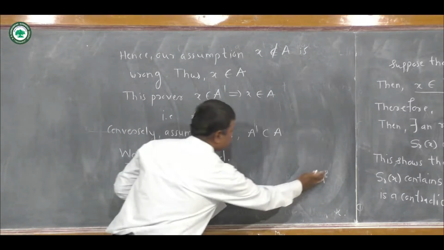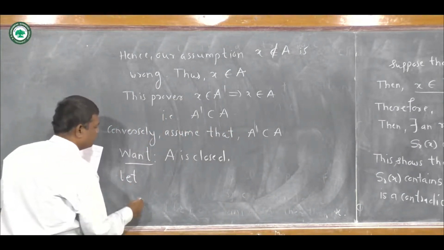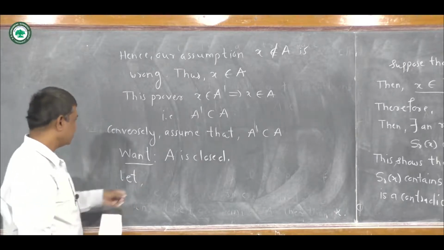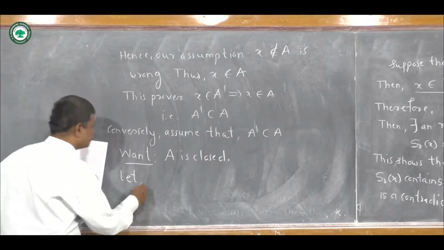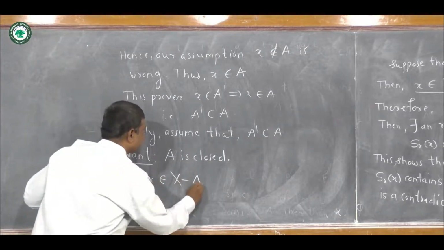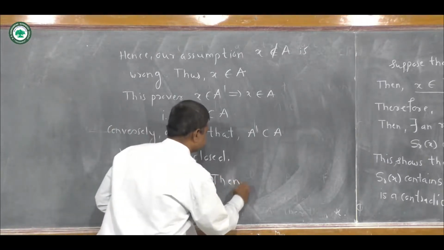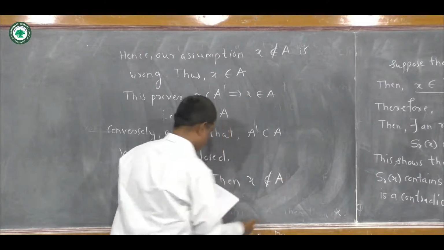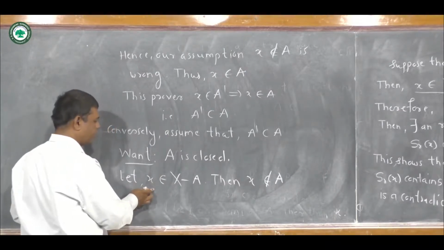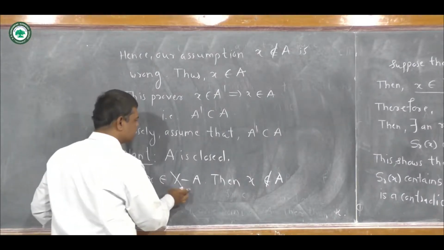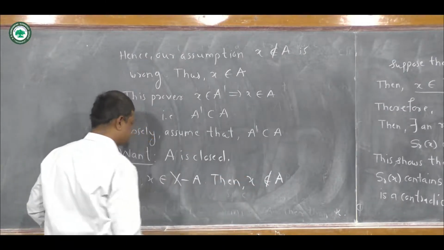Set A is closed means we have to show that its complement is open. So let x belong to the complement of A. Then x does not belong to A. We have taken a point which is in the complement of A, so it is not a member of set A.